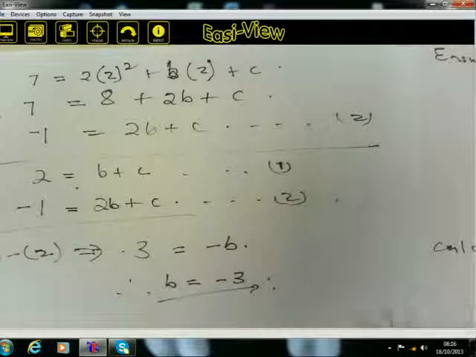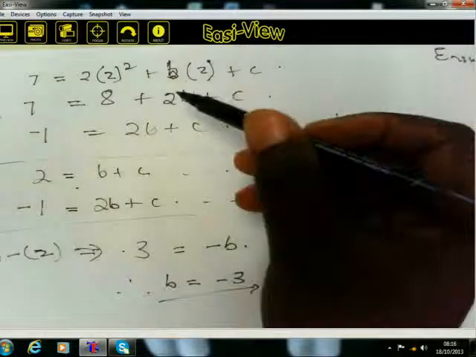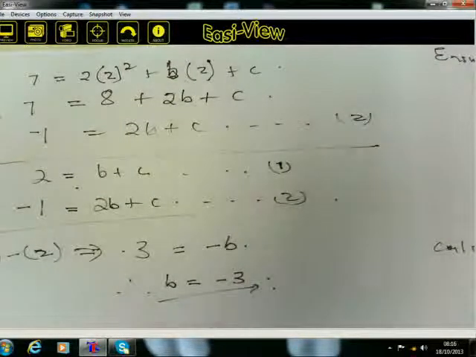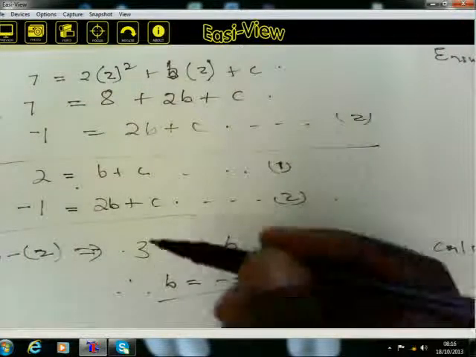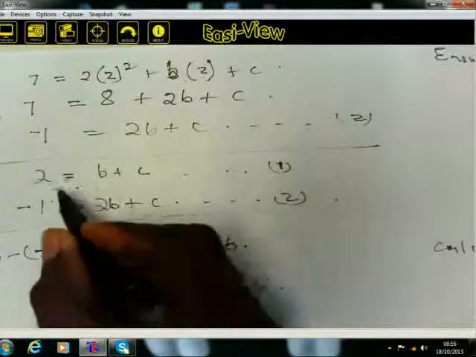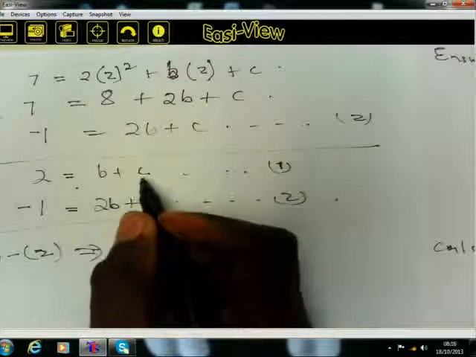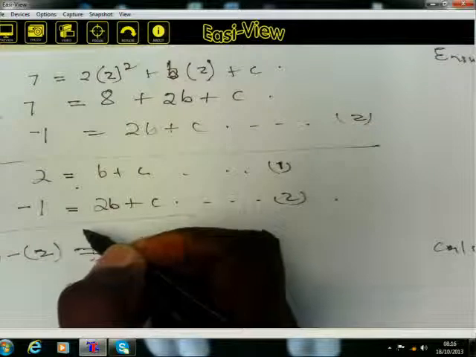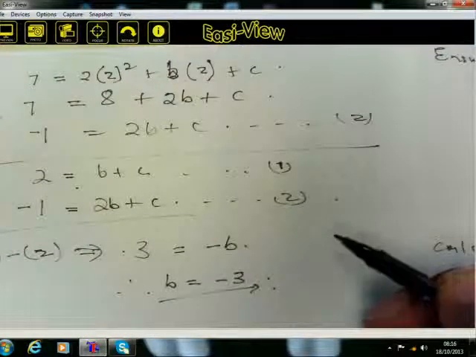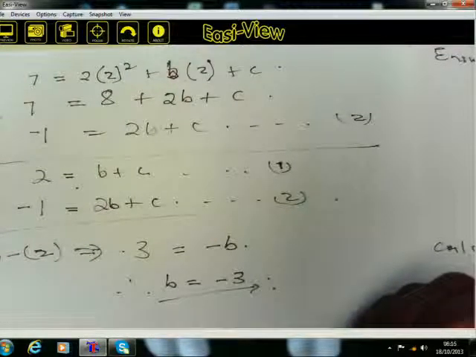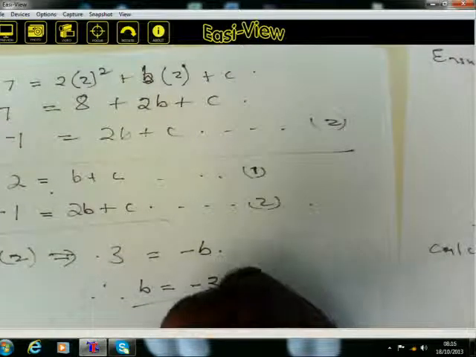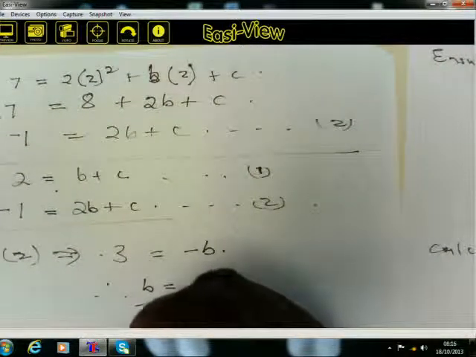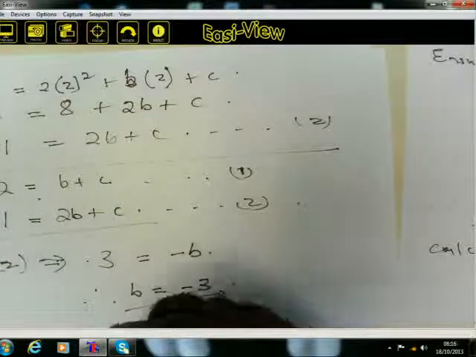The value of c, since b is negative 3, is going to be, if we have b plus c, which is equal to 2, and -1 is equal to 2b plus c, then it is easy, as I'm saying, for us to get the value of c. Now the c, we are going to get it by substitution. By substitution.